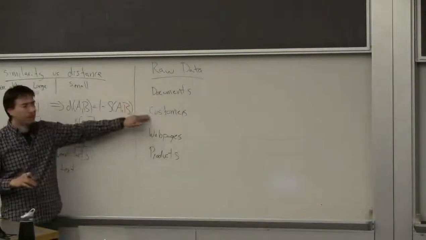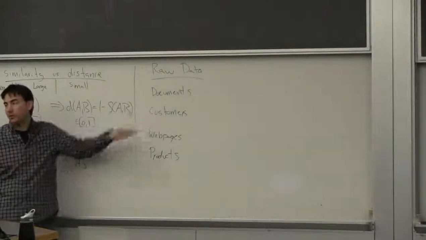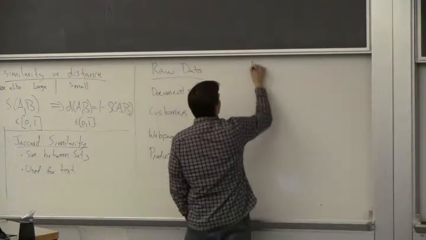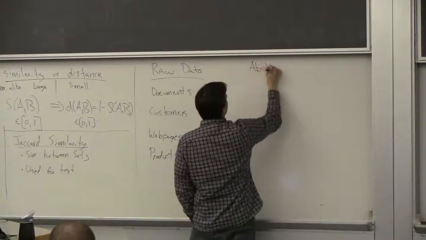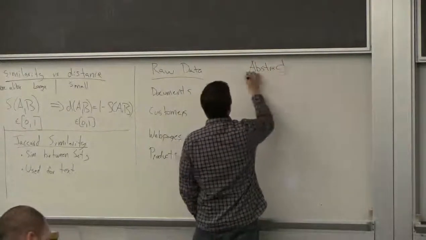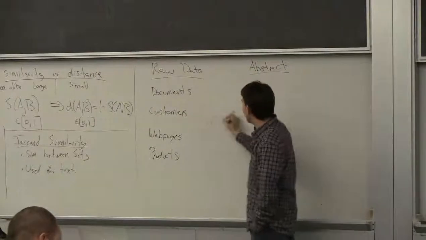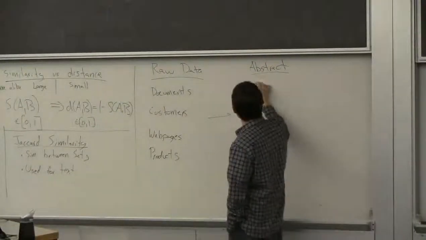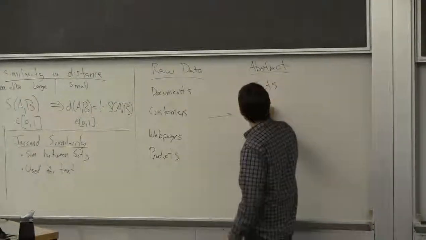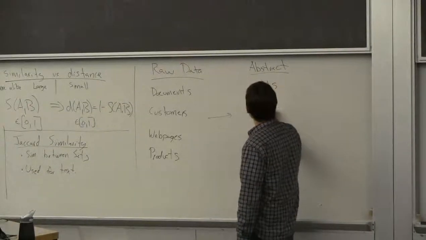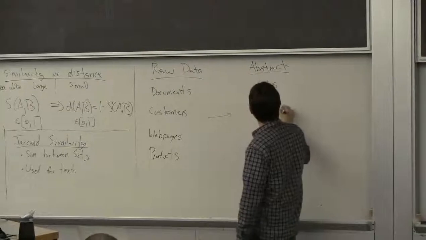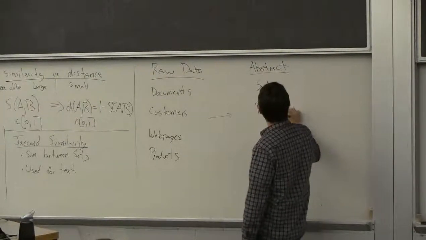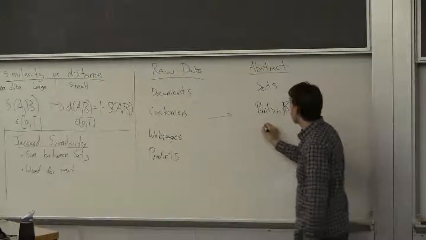If this is a set of attributes about the customers and they're not all the same, what we want to do is convert this into some abstract setting. So these could be things like sets, points in R^d.